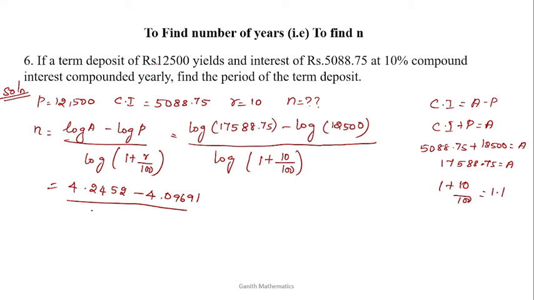Log of 1.1 is 0.041393. So the final answer will be 3.58 years approximately. So within 3.58 years, the term deposit of 12,500 will give the compound interest of 5,088.75.